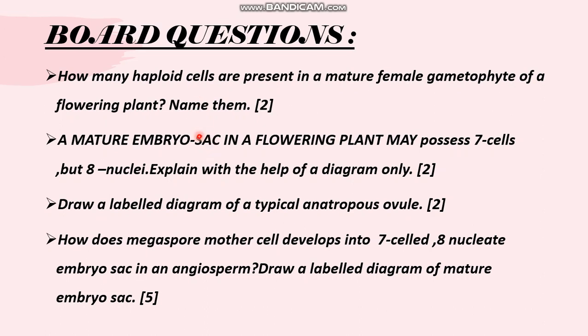And then, how many haploid cells are present in the mature female gametophyte of a flowering plant? They have asked about cells. So there are a total of 7 cells and you have to name them. So 3 antipodals, in the egg apparatus 2 synergids, 1 egg cell, and in the center there is the central cell.